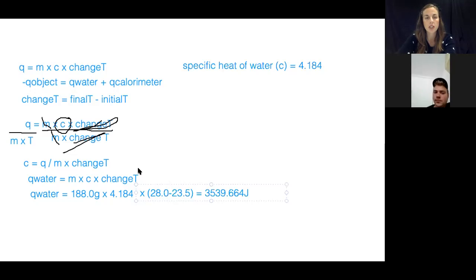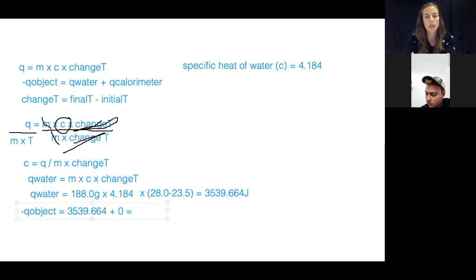That is how much energy your water absorbed. Okay, so now I have Q of water and Q of the calorimeter, so I can figure out the Q of the object now. So I'm just going to plug that in. Negative Q of the object is equal to Q of the water, which was 3539.664, plus the Q of the calorimeter, which they said to ignore, so that means it's just 0.